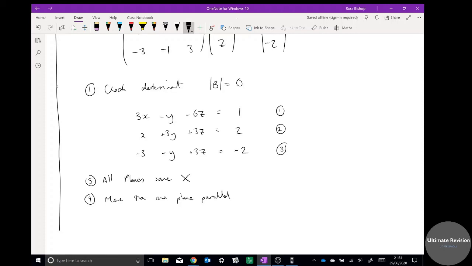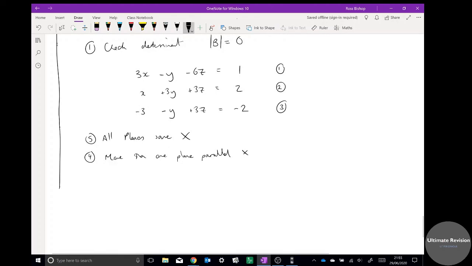Well, I can do that by checking, are they a multiple of each other? No, they're not, are they? There's no equations there that are a multiple of each other. They're certainly not all the same, but likewise, they're certainly not all a multiple. One of them is not a multiple of any of the others either. So absolutely not. It's not going to be that one either.